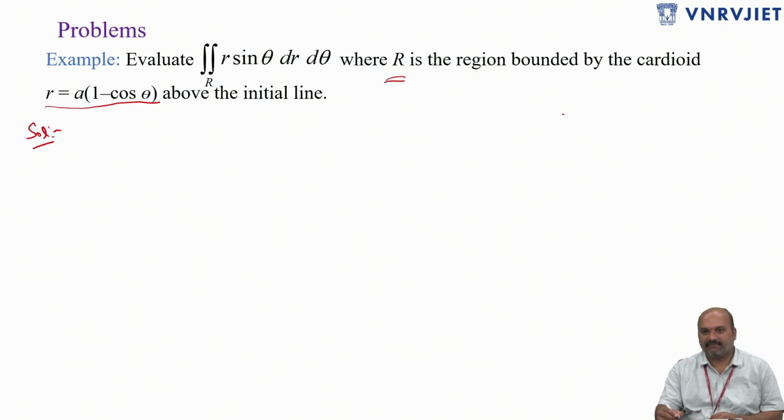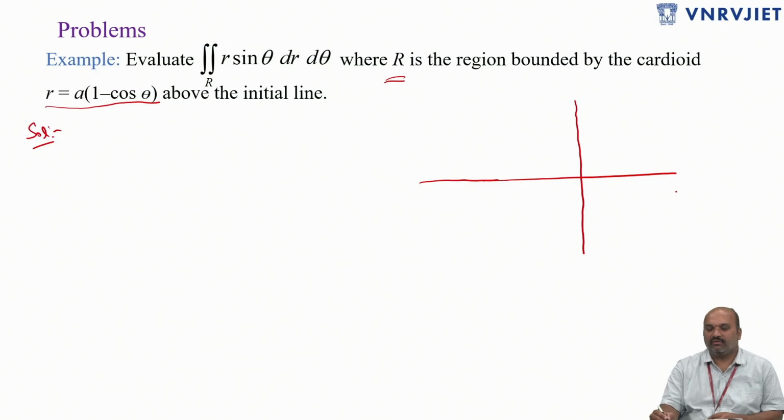See here, first let us consider the Cartesian plane. Now, initial line is nothing but the x-axis. X-axis is the initial line. So in polar coordinates, initial line is nothing but theta is equals to 0. Now the y-axis: what does theta actually represent in polar coordinates?